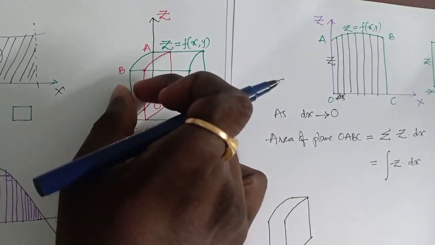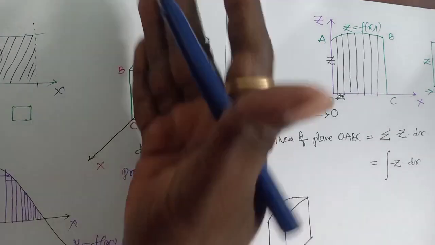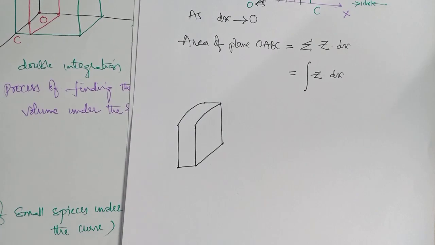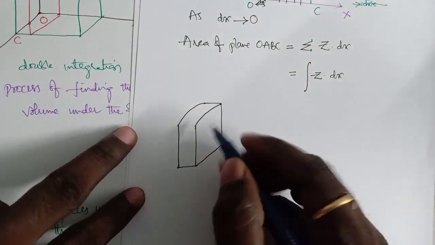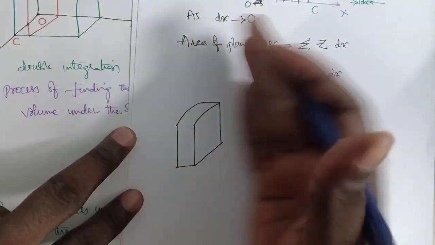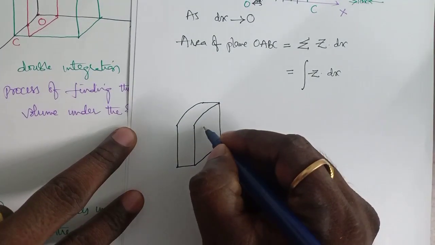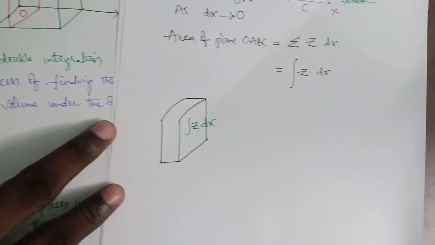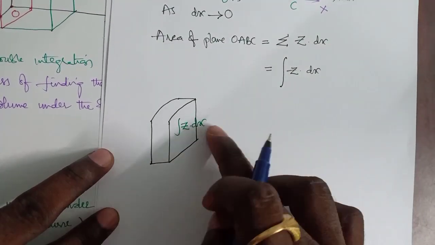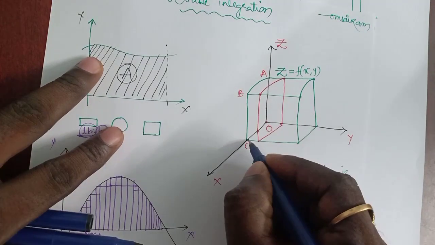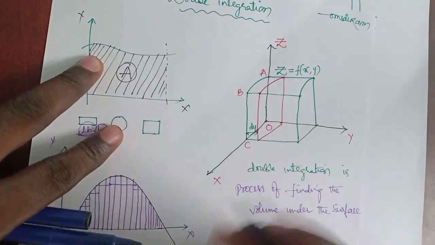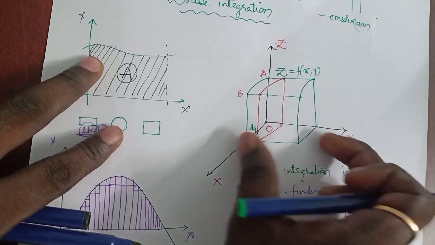Now I want to find the volume of the first slice. For this slice, the area is the integration of z into dx. Now the width here is dy, which represents the y-axis.